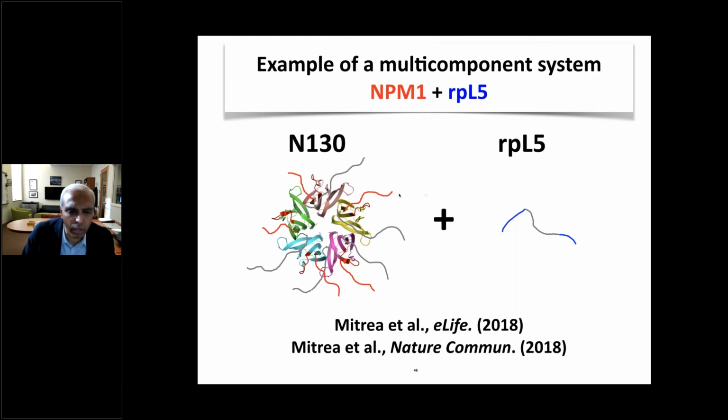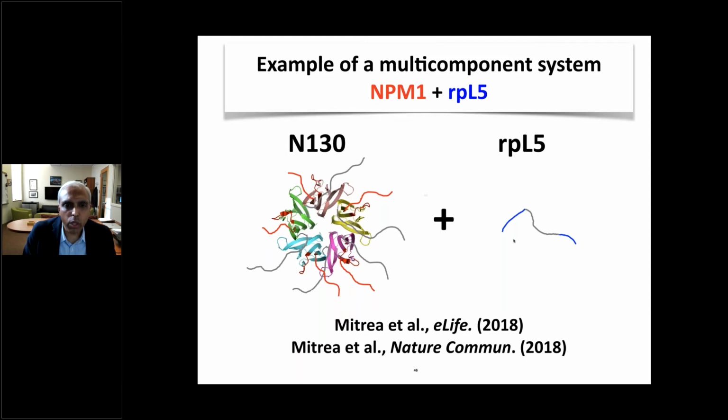Shown here in red are the acidic tracts that make up the N130 molecule. It's a pentameric molecule. It's got folded domains that serve as this hairy colloid, if you will, that display these intrinsically disordered regions, which then interact with arginine-rich peptides to form condensates in vitro.